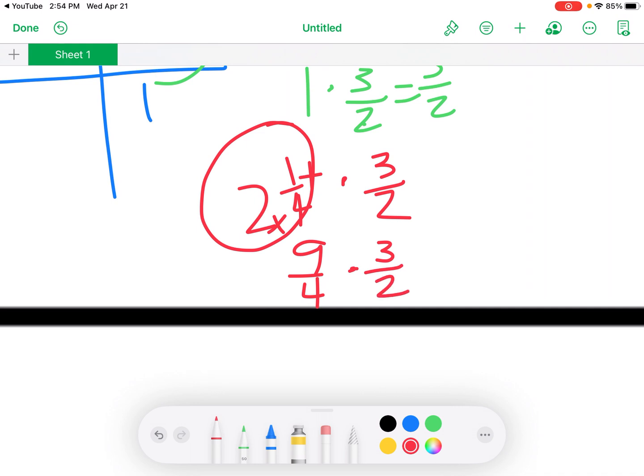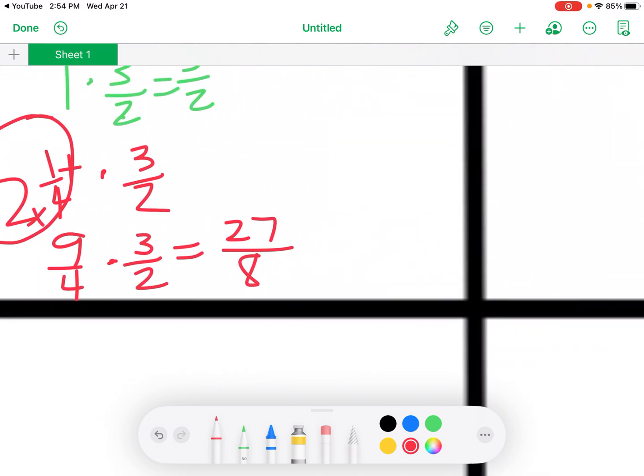So it's really important to notice that I'm changing it from a mixed number to an improper fraction before I multiply. 9 times 3 is 27. 4 times 2 is 8. I have to ask myself, how many times does 8 go into 27? 3. 3 times 8 is 24, with 3/8 left over, because 27 minus 24 is 3, and I keep my denominator.